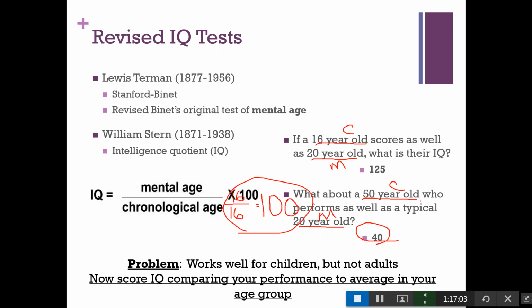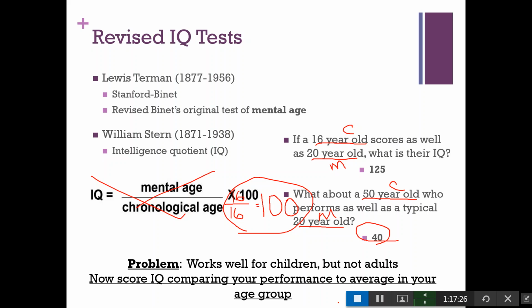So now we don't use the old intelligence quotient formula anymore. That's done. Instead, we have a better test to try and get at people's actual inherited intelligence, throwing away some of this crap that Terman and Stern did.